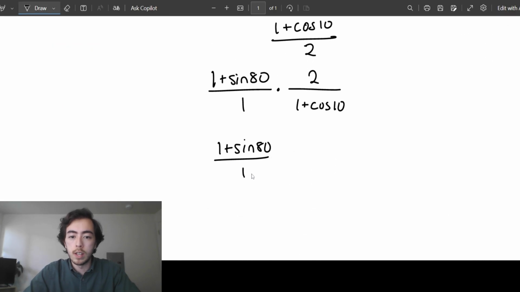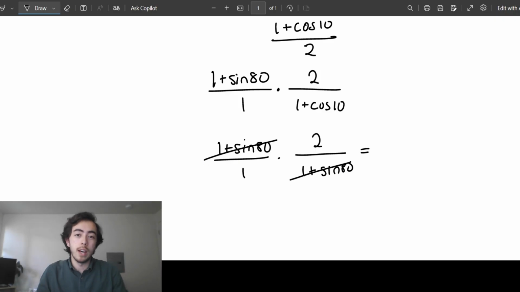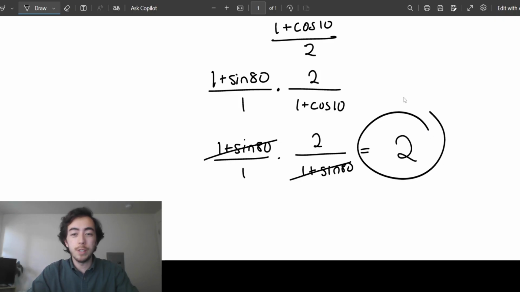So I can rewrite the denominator on the right side as 1 plus sine of 80. I'll keep the 2 where it is. And then 1 plus sine of 80, whatever that value is, I do have it on the top and the bottom of my fraction, and those two factors are going to cancel. So we're just left with 2 divided by 1, which is 2.